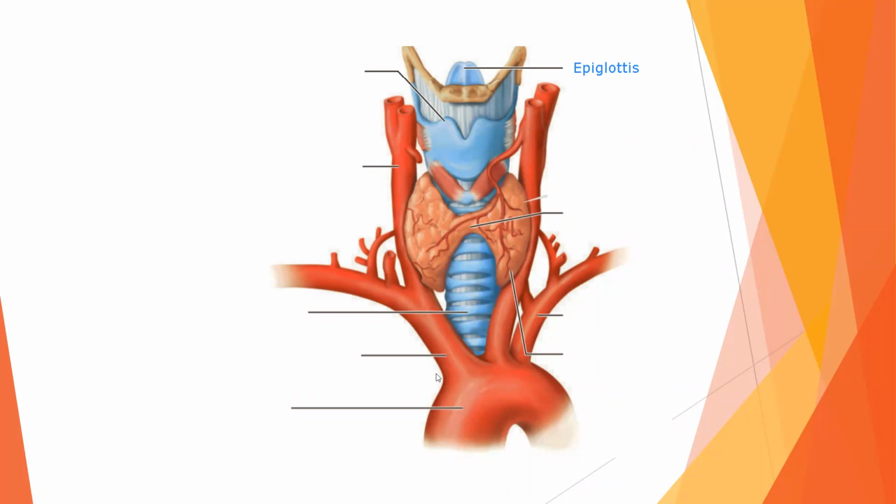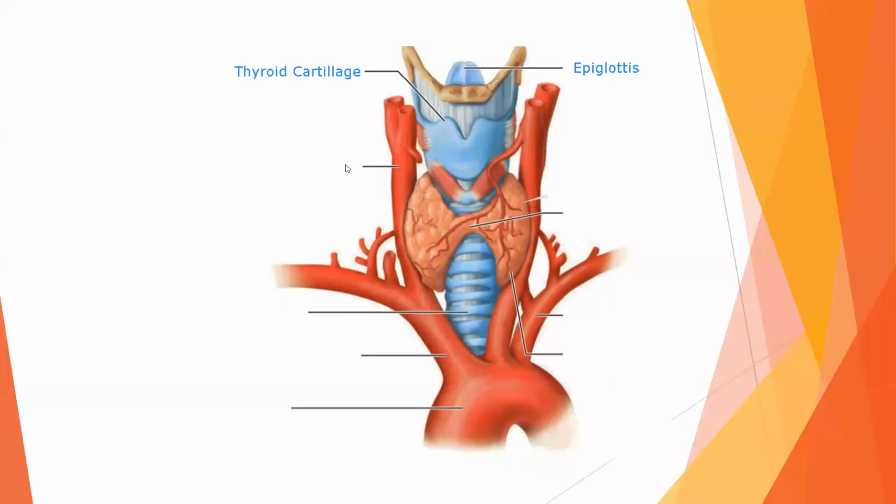Okay, you are correct. This is your epiglottis. Now, let's identify what is the anatomical structure that is found in this area. Okay, thank you very much. So that will be your thyroid cartilage.